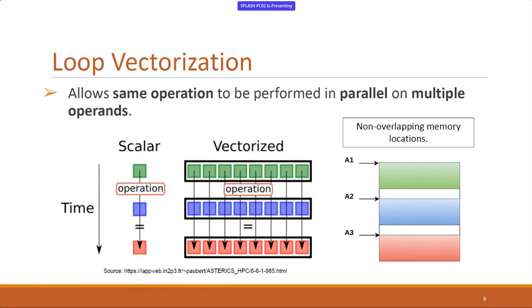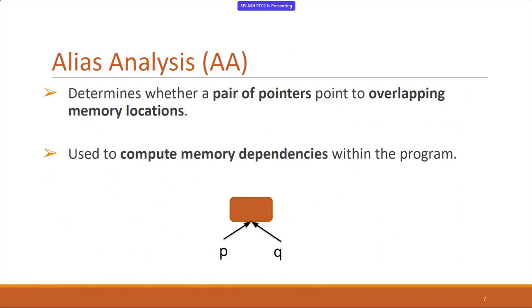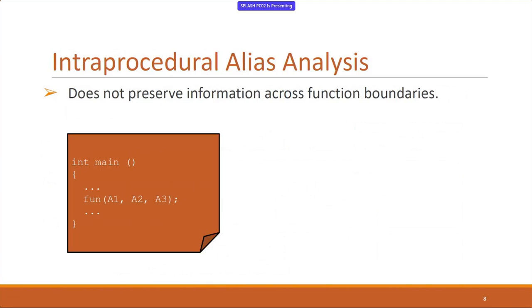This information can be obtained by performing alias analysis. Alias analysis determines whether a pair of pointers point to overlapping memory locations. This information is further used to compute memory dependencies within a program. Further, this information is used by many optimizations, including loop vectorization.